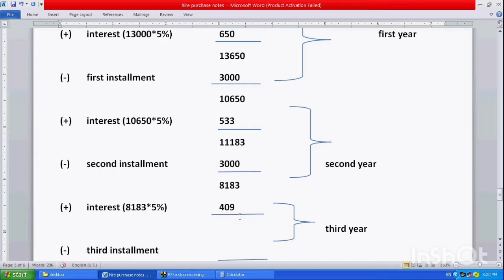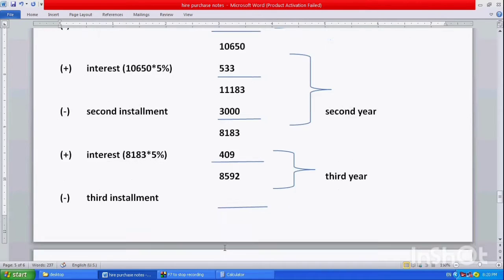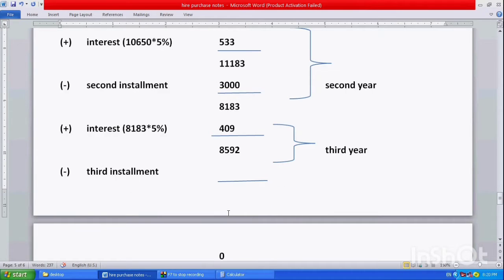So add the interest to the balance, and we get 8,592.